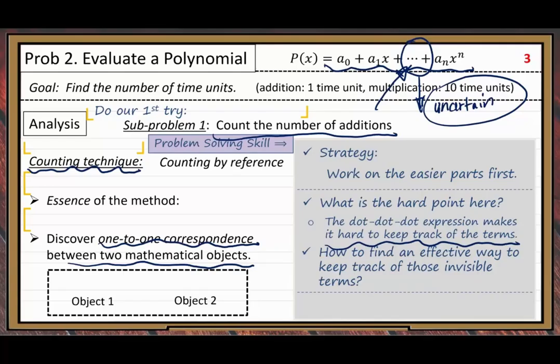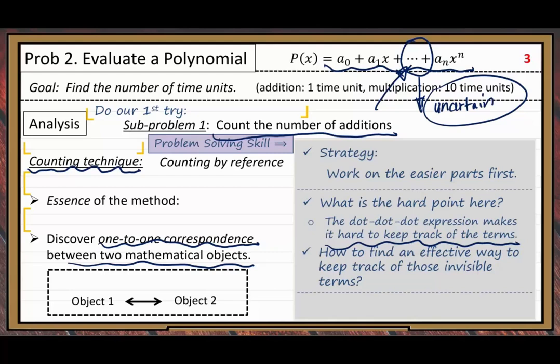Later, I will use this method to show you how to count the number of additions in our current problem. Between these two objects, we want to discover some one-to-one correspondence.